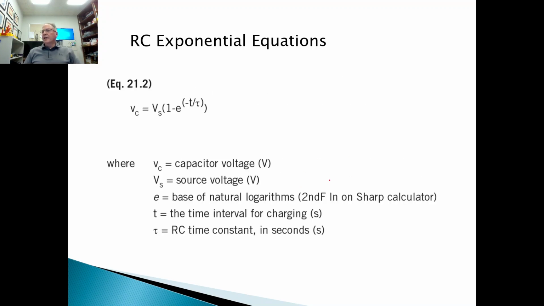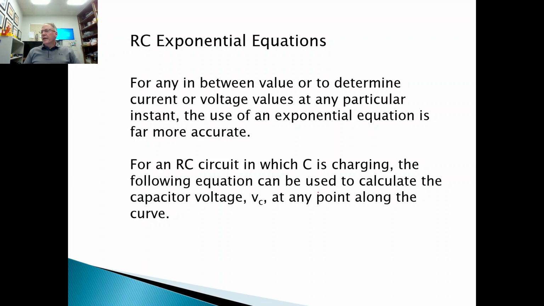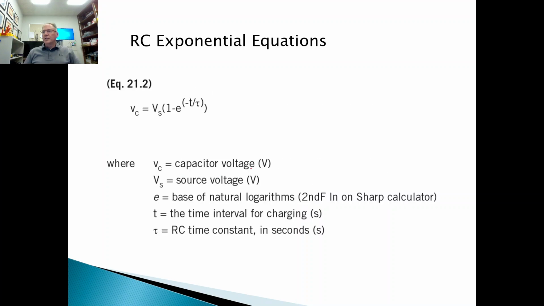All right, now another formula that we can use to calculate the capacitor voltage at any point along the curve is equation 21.2, which says the voltage across the capacitor equals the source voltage times 1 minus e raised to the negative t over tau, where t is the time interval for charging, and tau equals RC.